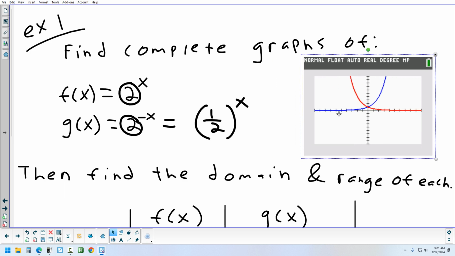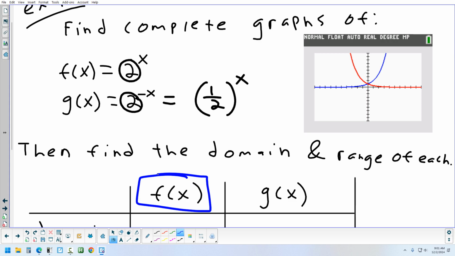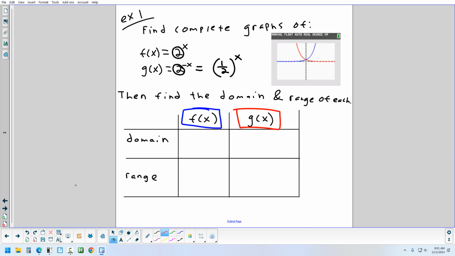And I want to look at the domain and the range of each of them. Just to color code it, f of x is the blue one, g of x is the red one. So let's look at the domain. What's the domain of the blue one?